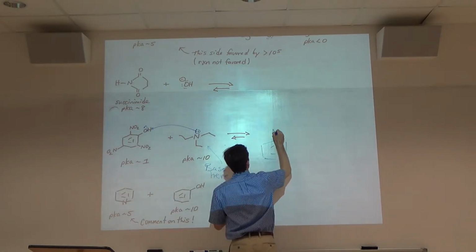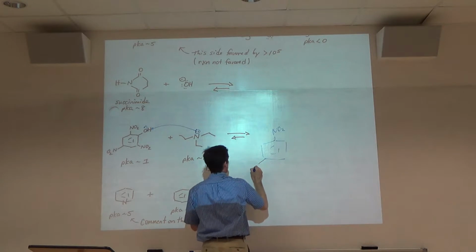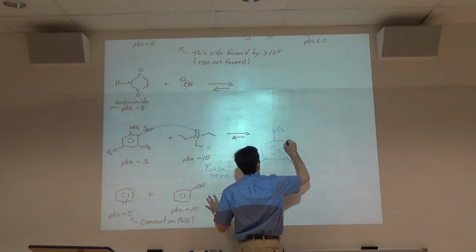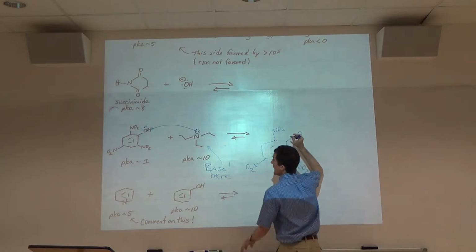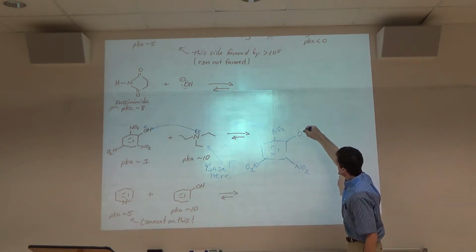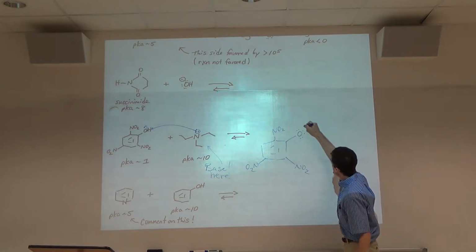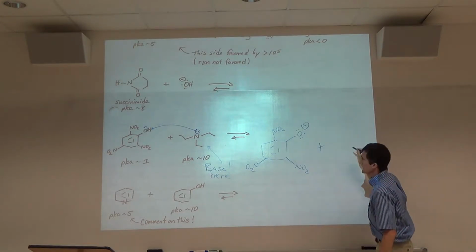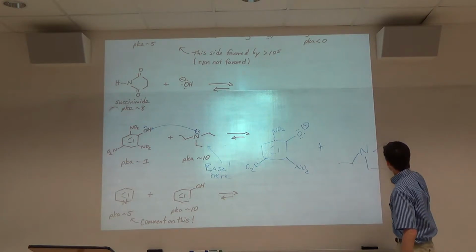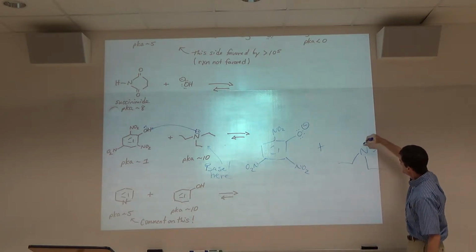All this is the same. We got 3 nitro groups. An oxygen had 2 lone pairs. How many does it have now? 3. And what charge is that? Minus. And what did we make? Nitrogen, it had 3 ethyl groups. What's now bonded to the nitrogen?